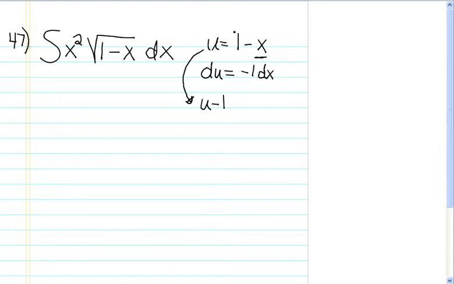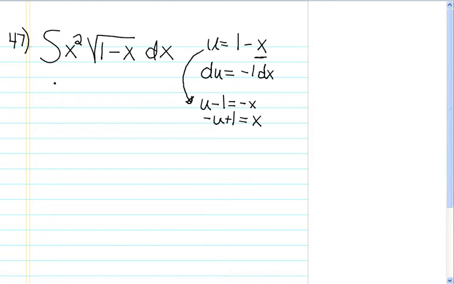All I did is take this 1 and subtract it from this side to equal negative x. Which means that if I multiply by negative 1 on both sides, I get negative u plus 1 is equal to x. So now wherever there's an x in the problem, I can put in the value negative u plus 1, because that's what I let u equal.